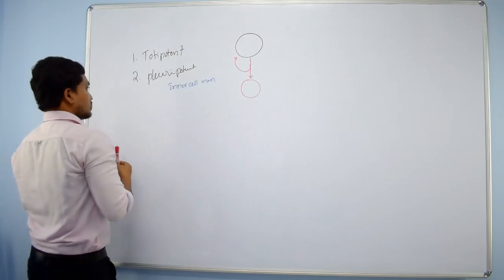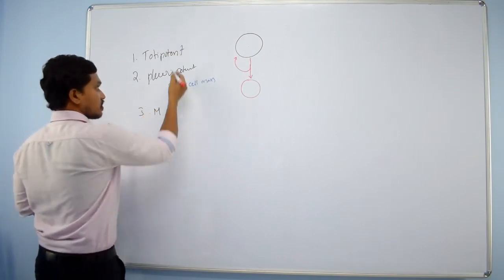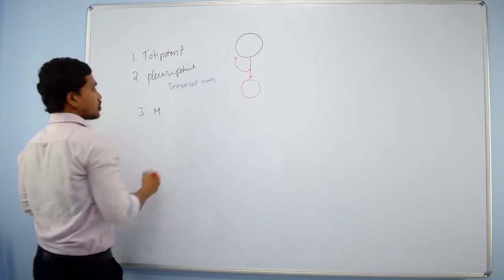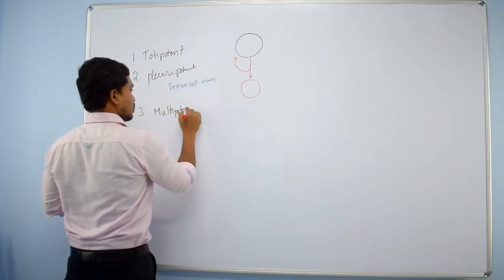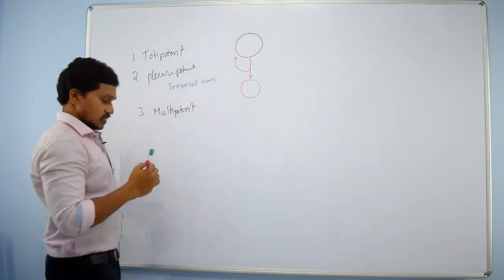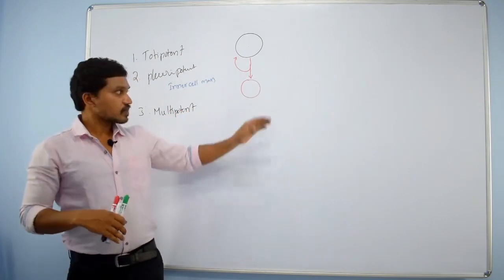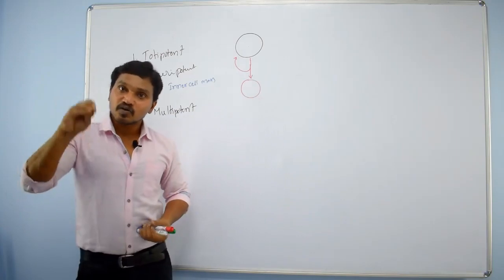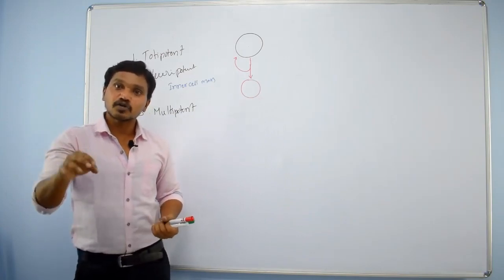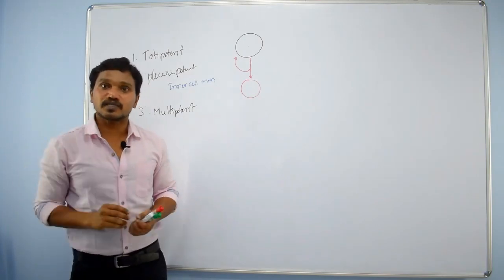Then next, multipotent cells. Of course they are derived from the pluripotent cells. These multipotent cells undergo differentiation and can produce different types of cells, that means multiple types of cells.